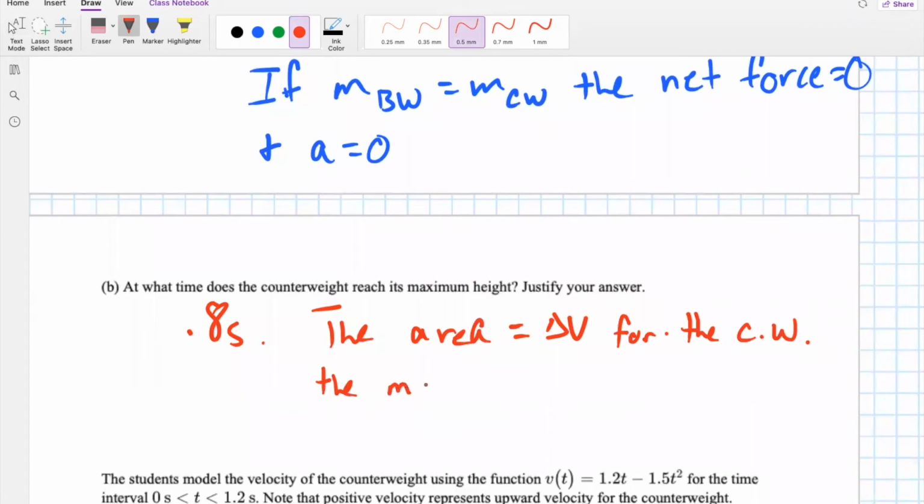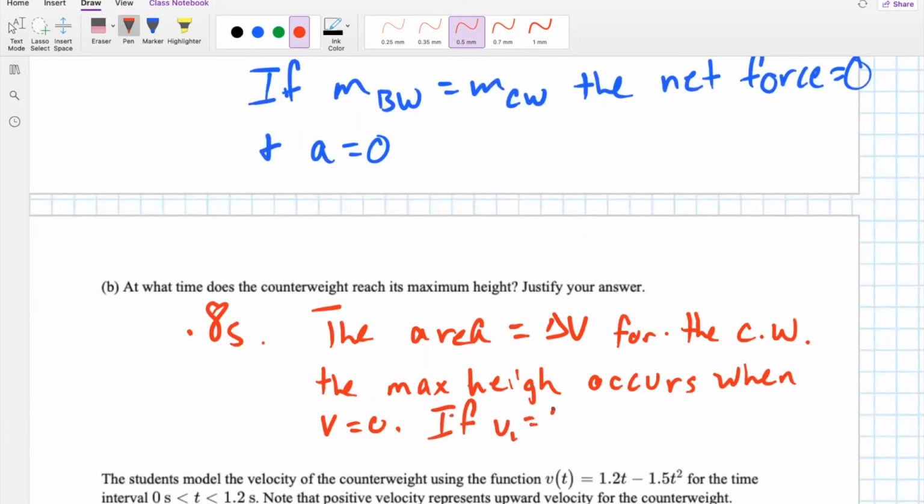The maximum height occurs when the final velocity is 0, occurs when the velocity is 0. If it started from 0 and it finishes with 0 velocity, the overall change in velocity has to be 0. So we could say if VI equals 0 and VF equals 0, delta V equals 0.